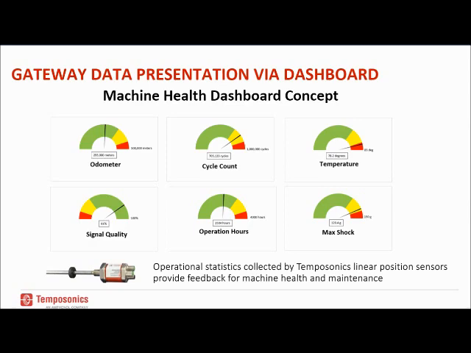You have cycle count for magnet reversals on our sensor. Then you have operating hours, how long has it been powered up since it shipped. And we have max shock as well. You can track that. Is the shock load exceeding some specification that you have for your product? If so, you can map that in the dashboard.